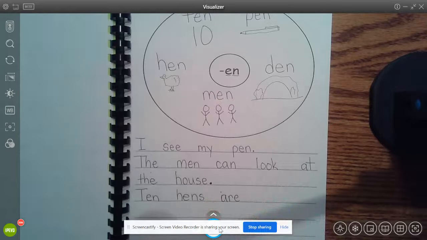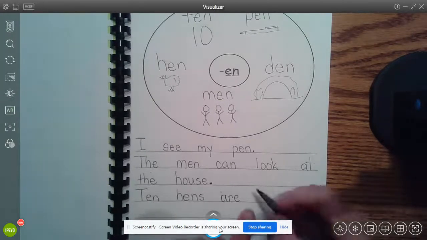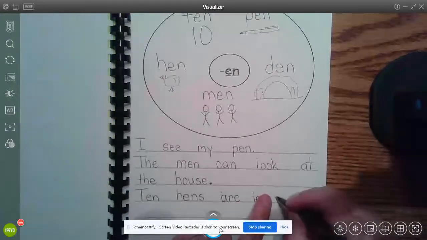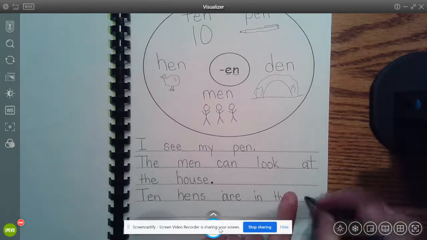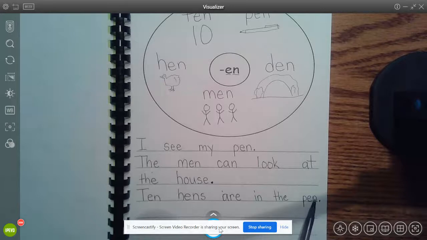Sorry about that. That wouldn't be very good grammar if I didn't add that word. That's a sight word later in the year, but right now we'll still use it. Ten hens are in, I-N, the, T-H-E. And I'm going to try to sneak it in here. If you can't get it in here, go to the next line. But I was able to sneak it in here.